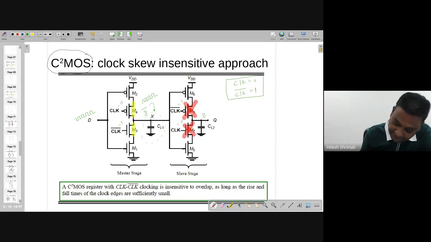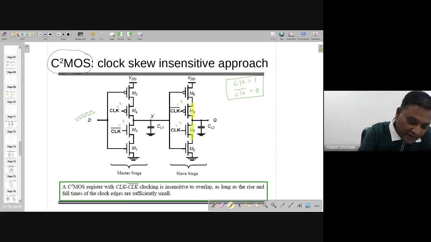And when it's the reverse of that, means when clock equal to 1 and clock bar equal to 0, this combination makes these two transistors in on mode and these two transistors in off mode.